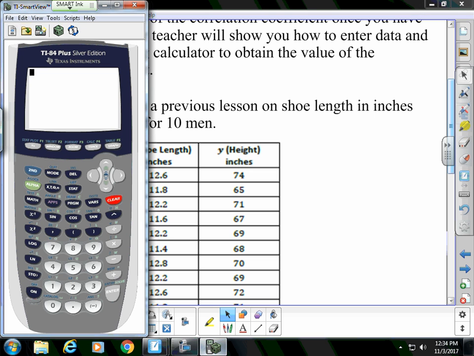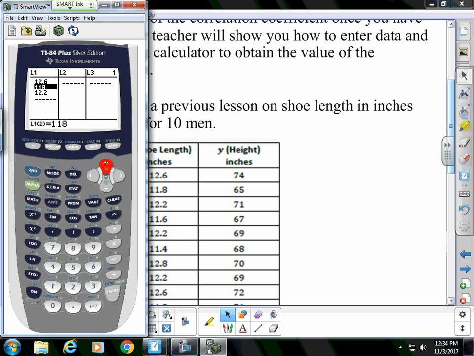To put my numbers in my calculator, I'm going to go to Stat and Enter. You should already know how to do this. 12.6, 11.8, 12.2.